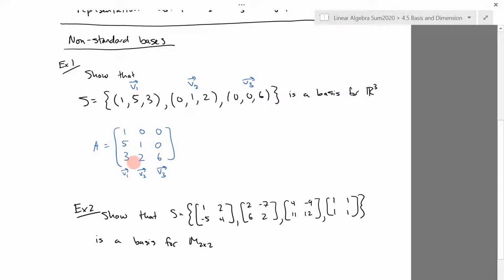And so I have a square matrix, and so now I have to tell whether this is invertible or not, and I can do that by calculating the determinant. Right, and this is lower triangular, so the determinant is just the product of the diagonal entries.